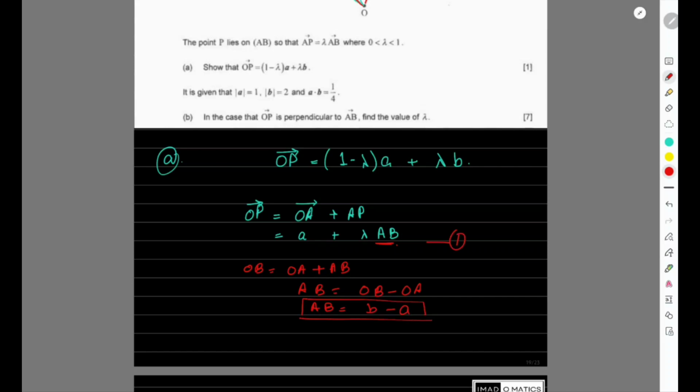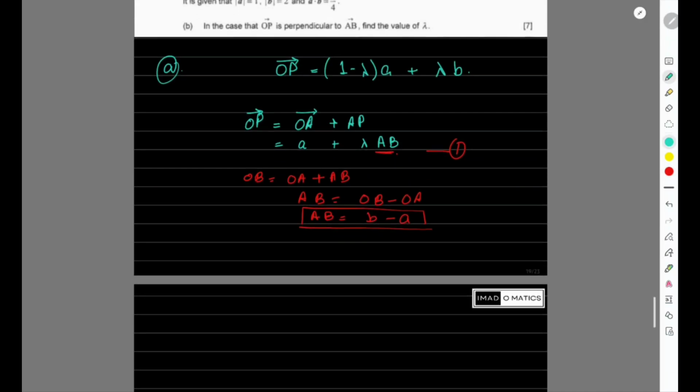Let's name this equation as equation 1. Now put the value of AB in equation 1. We have OP is equal to A plus lambda times B minus A, which is A plus lambda B minus lambda A. Now let's take these two terms.